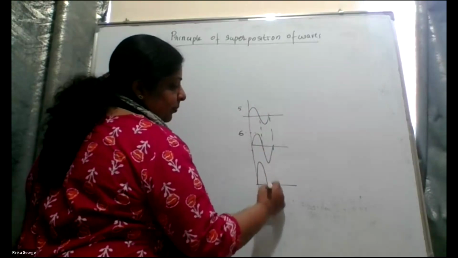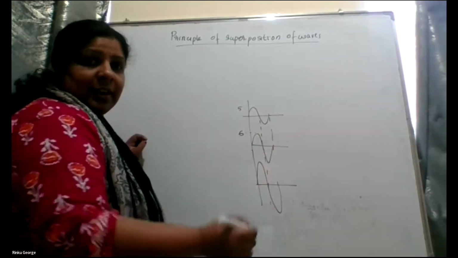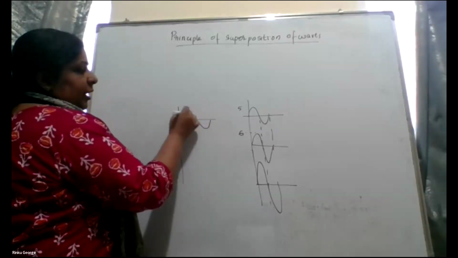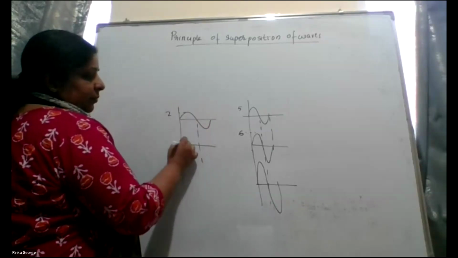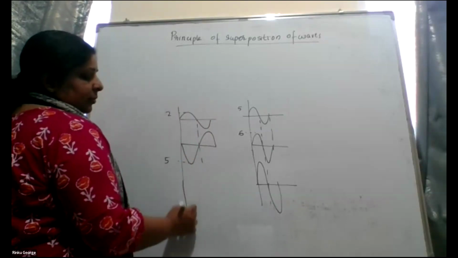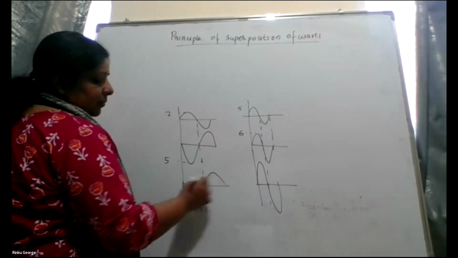Understood? This is superposition. Another case: a wave of amplitude 2, another wave of amplitude 5. What will happen? They will subtract and the resultant wave will have an amplitude of 3.